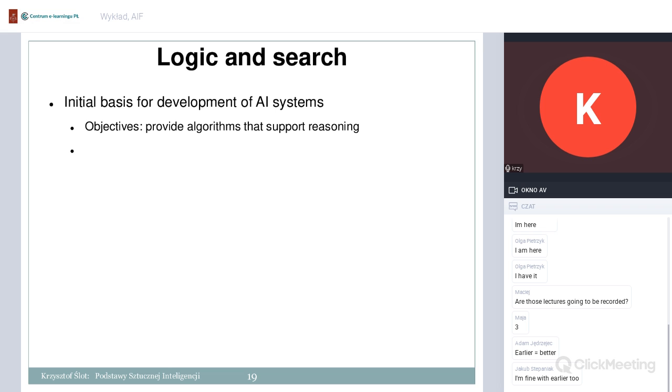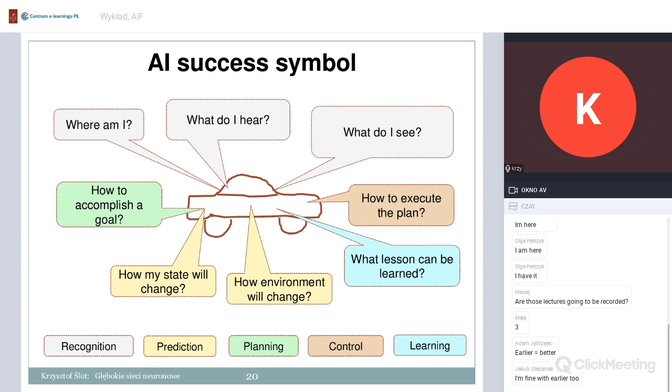And not only logic is used, there are something that are called search algorithms that are also quite commonly used right now. There is a variant of logic that is called fuzzy logic that is also used. So these are three different basic directions in artificial intelligence right now.